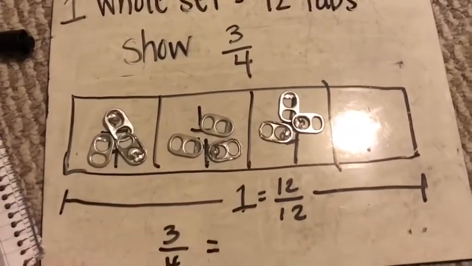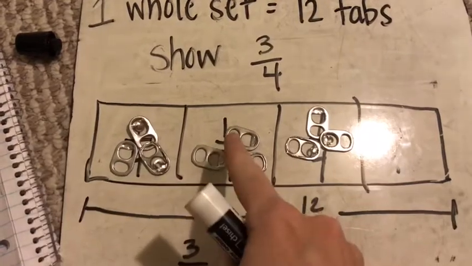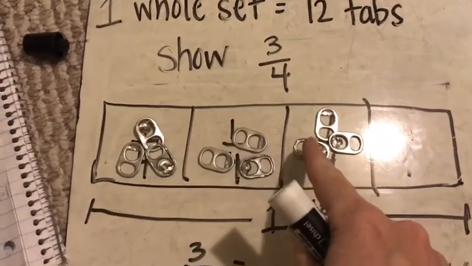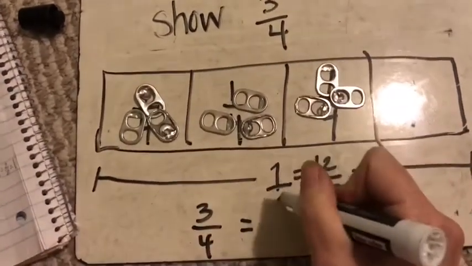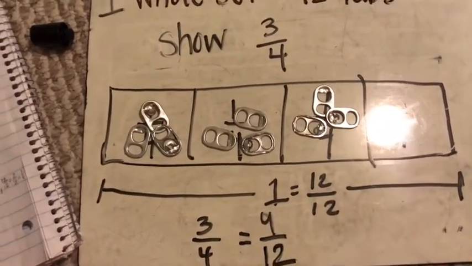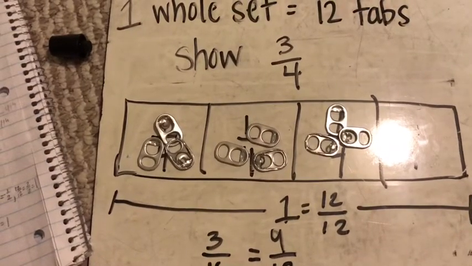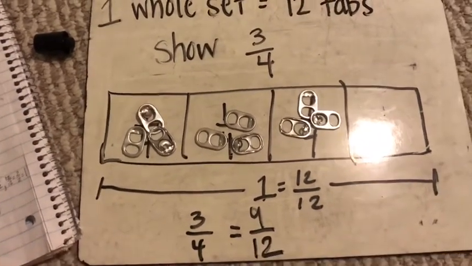Remember, each of my tabs is 1/12, right? So there's 3/12 plus 3/12, that's 6/12, 7, 8, 9/12. So 3/4 is equivalent to, or the same as, 9/12.